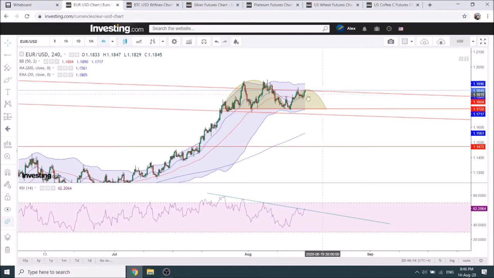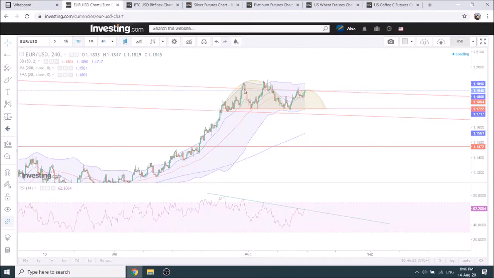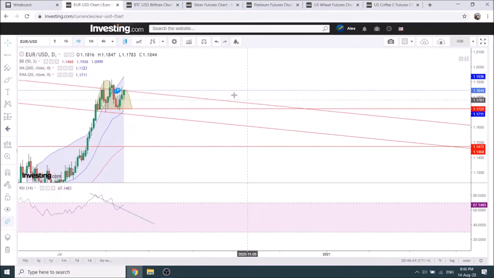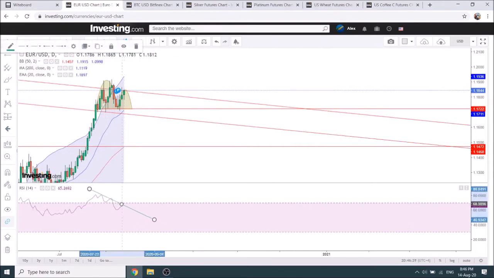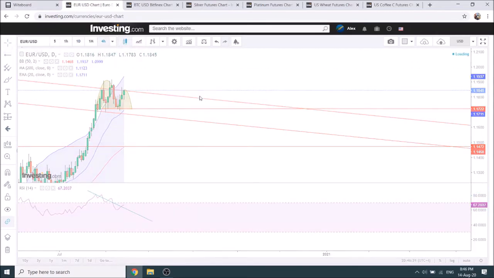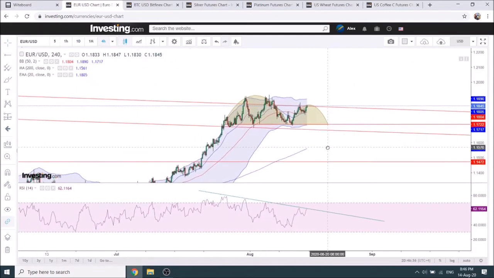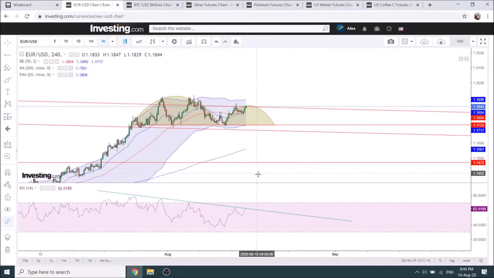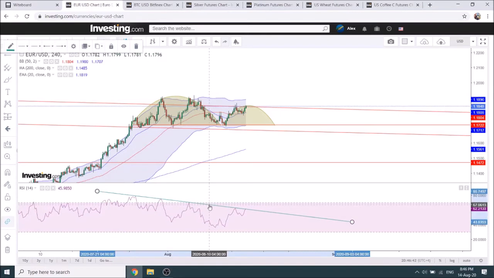So as we can see, we had that significant divergence that's actually showing on the daily charts, a bit more obviously here, as we can see, on that spike we had. Now currently I'm looking at this on the 4 hour chart, as I think this is a bit more relevant. So we're having that trend line on the RSI that's actually capping the price quite nicely in terms of momentum.